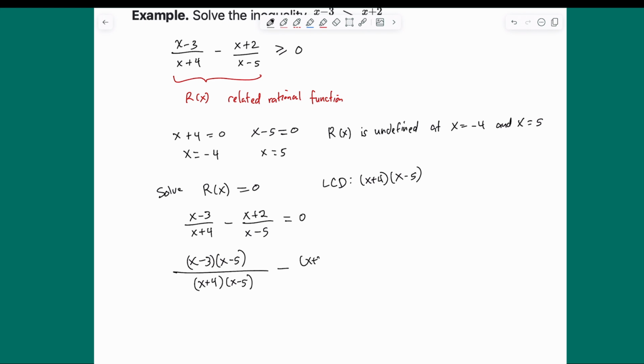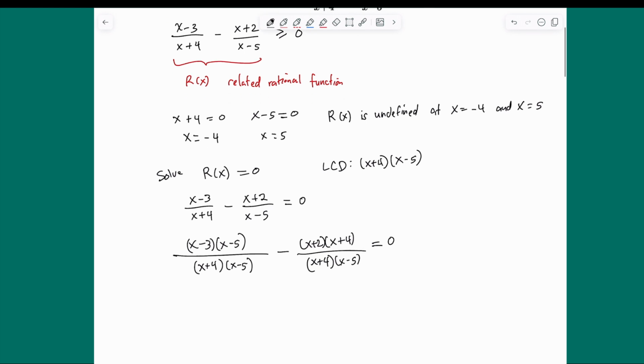So I would get (x + 2)(x + 4) over (x + 4)(x - 5). Now that each of these fractions has the LCD, I like to say forget about the denominators, which is basically multiplying through by the least common denominator in the equation.